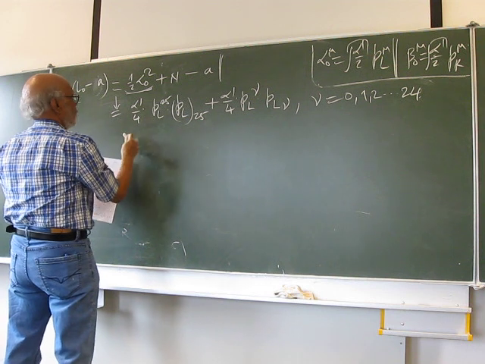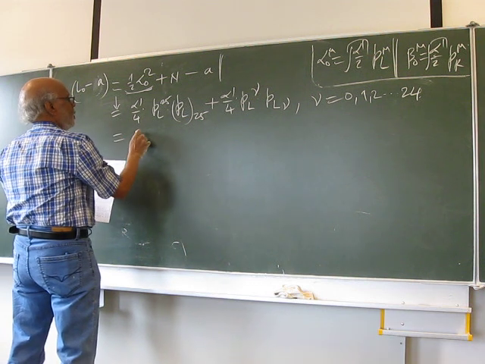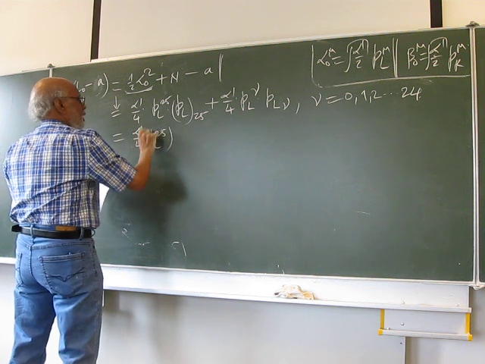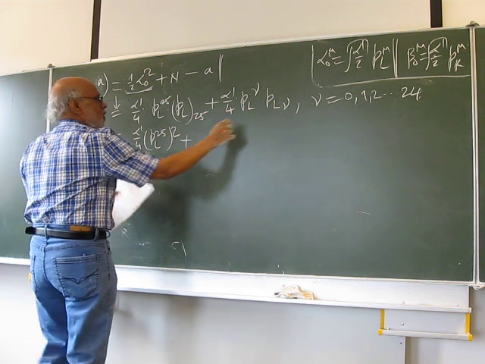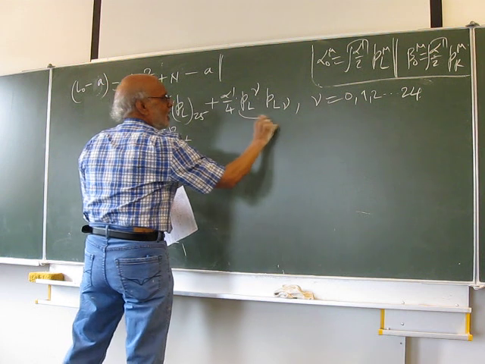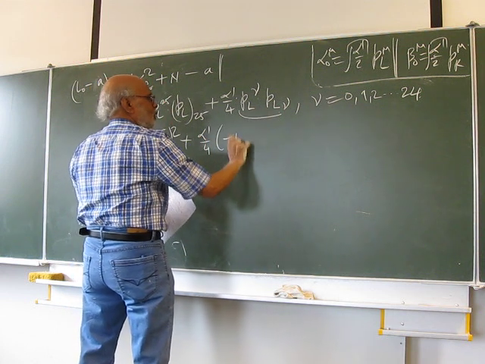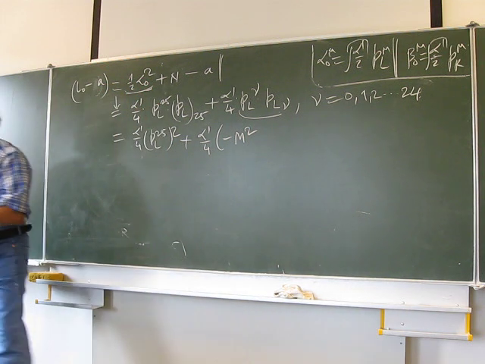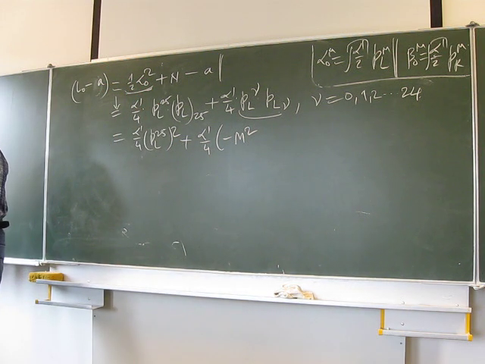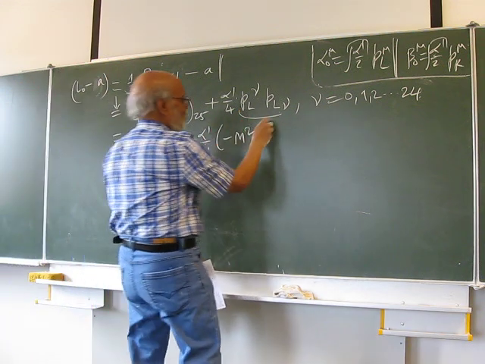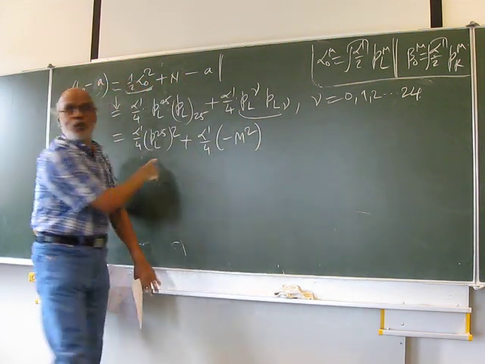And so, if you like, alpha prime by 4 PL25 square plus, now this, alpha prime by 4 into minus m square, the mass operator. Use the mass representation. But this would not include this.